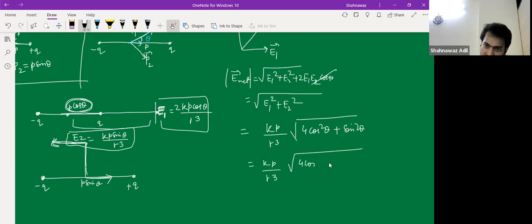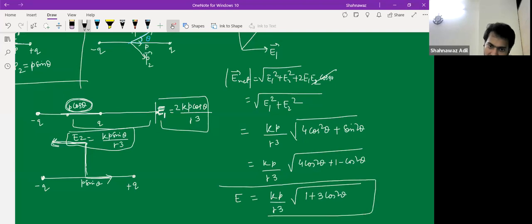So 4 cos square theta minus cos square theta is 3 cos square theta. This would be K P by r cube times 1 plus 3 cos square theta. So this is the magnitude of the electric field at the general point. Any doubt in this, guys?